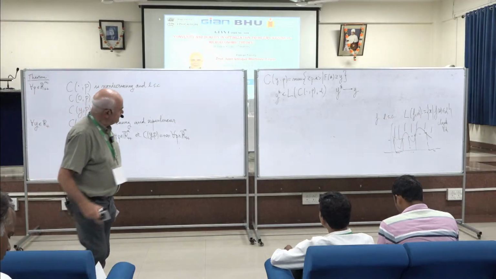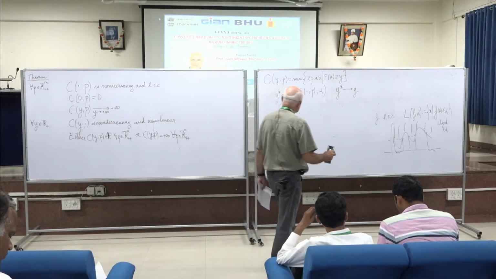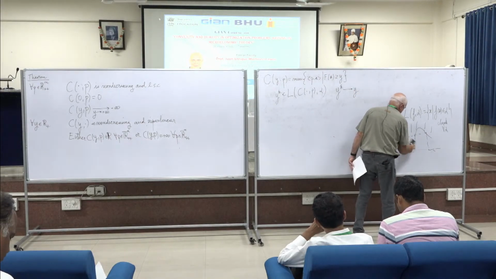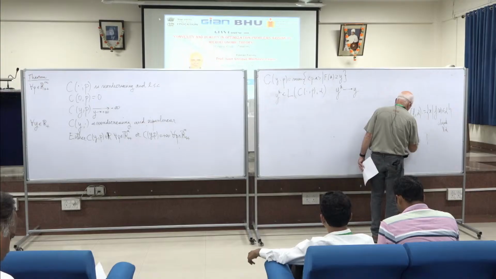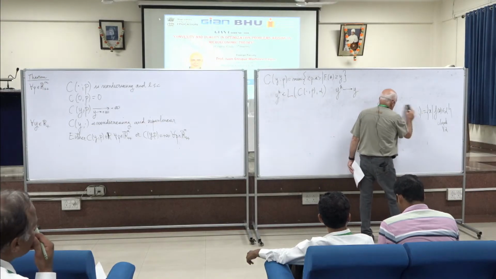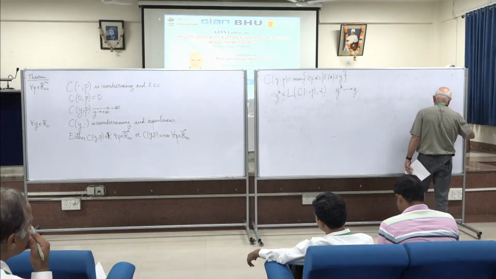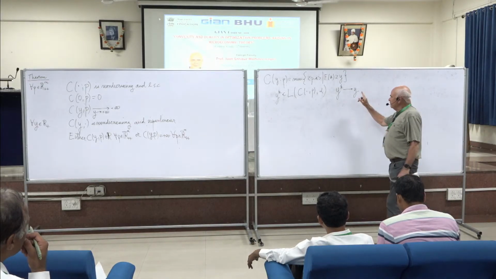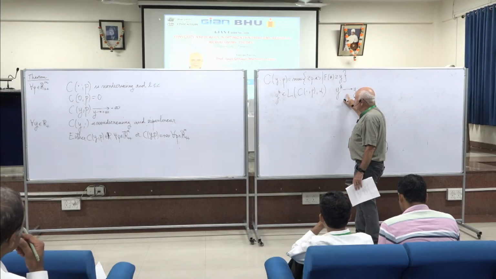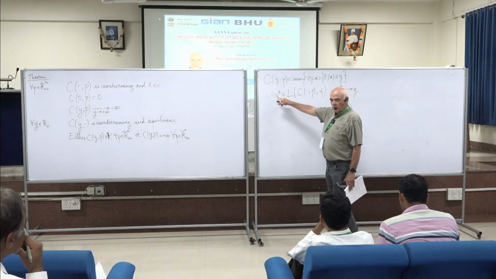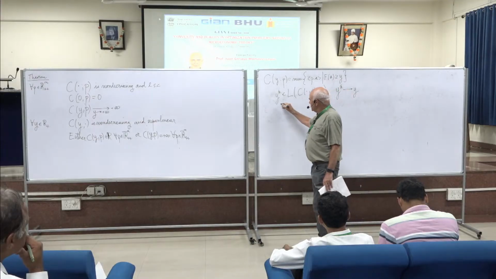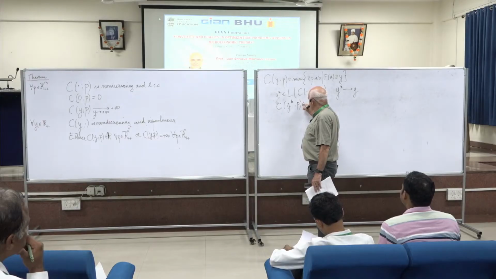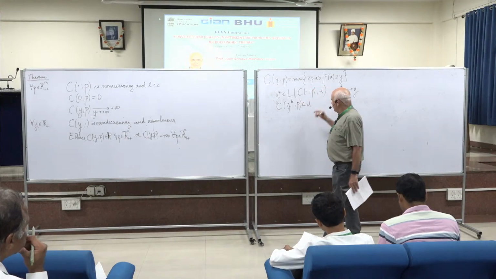Well, then, that yk belongs to this set means that C of yk p is less than or equal to alpha for every k.